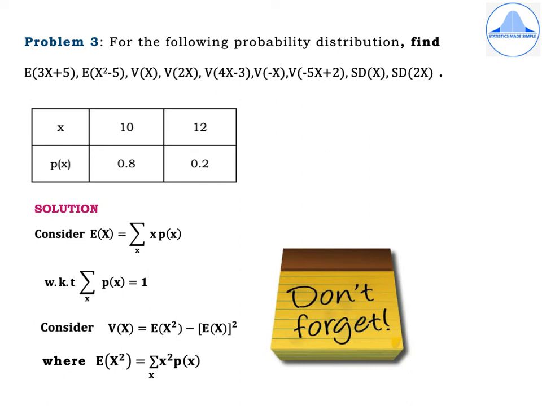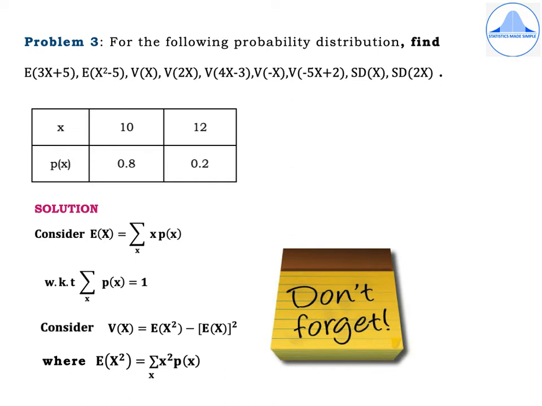Then the variance formula, V of X, is given by E of X square minus E of X the whole square. Here I am using the simplified form of the variance formula. And the E of X square formula is summation over x, x square p of x.